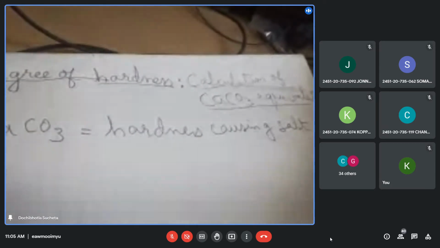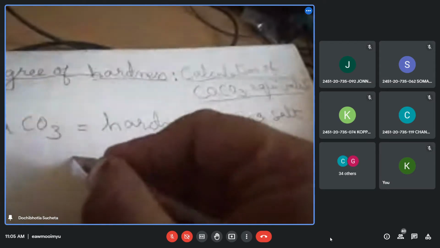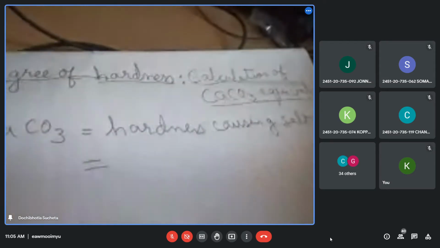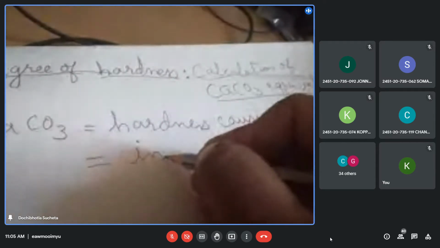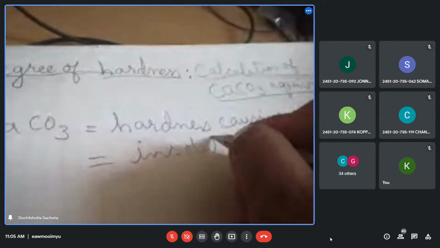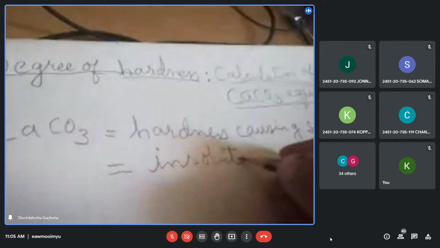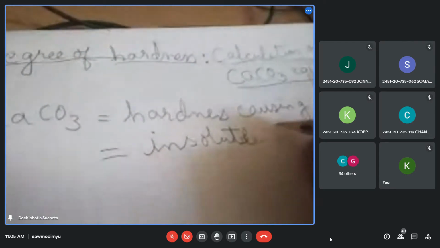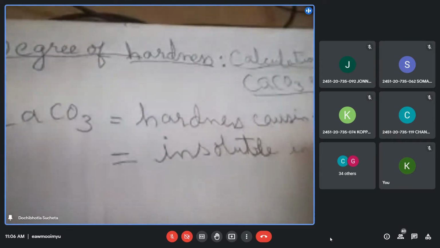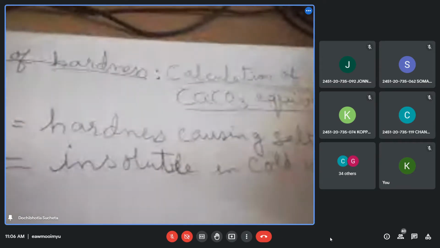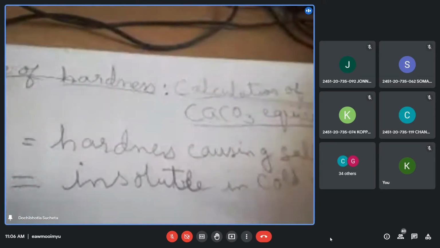Now, what is the differential solubility it shows? It is insoluble in cold water. So I'm talking about the differential solubility: insoluble in cold water.